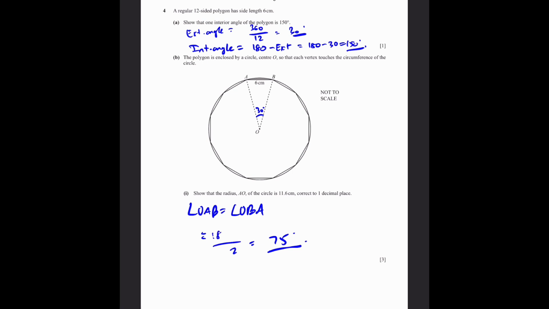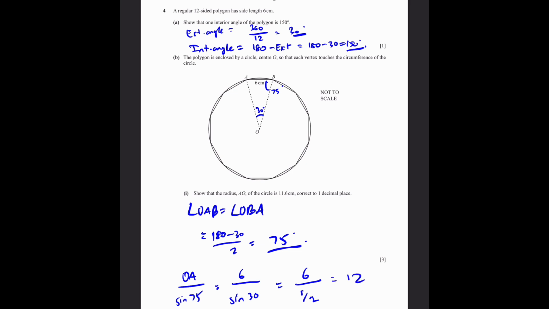So if this angle is 75 degrees over here, we can use the sine rule to find OA. So OA by sine 75 is equal to 6 by sine 30. And 6 by sine 30, which is 6 divided by half if you remember your sine identities.